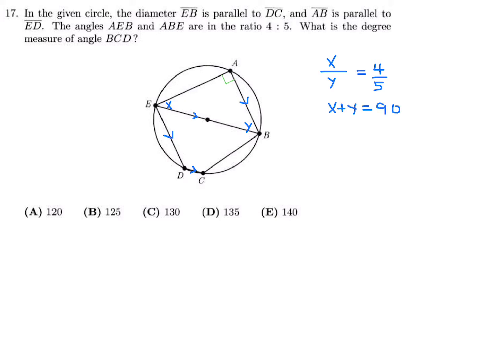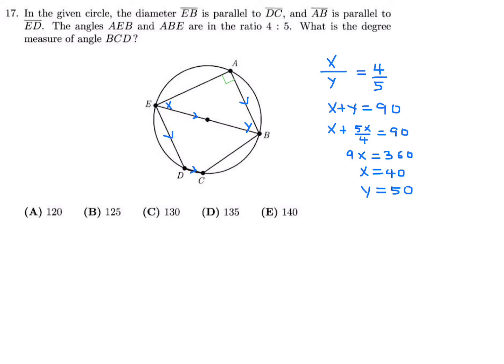So we can easily just figure this out through ratios. This is basically going to be that x plus 5x over 4 is 90. So that means 9x is equal to 360, so x is equal to 40. And that means y is equal to 50.